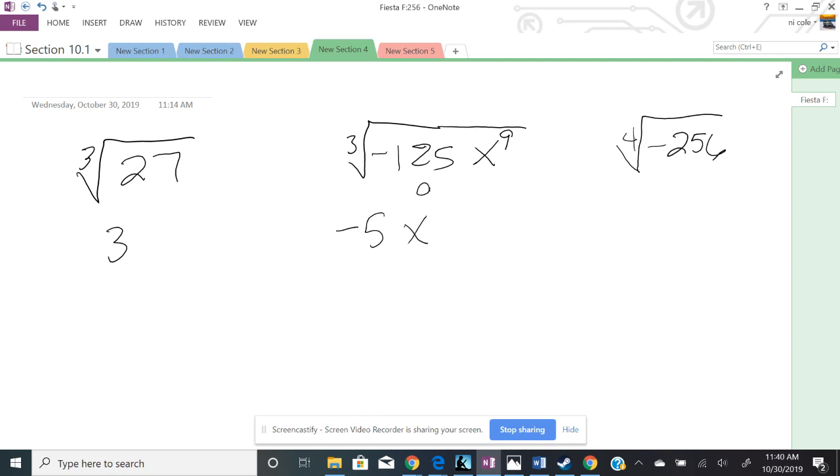And I know it's x to the 3rd because 9 divided by 3, so the 9 comes from here, goes here, and this 3 always goes into the denominator, making it that. So you have -5 over x to the 3rd as your answer. Now, what about taking the fourth root of this number?